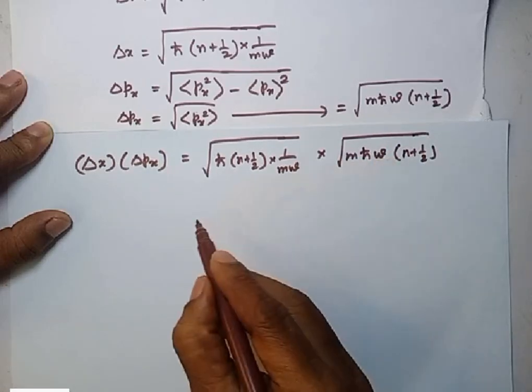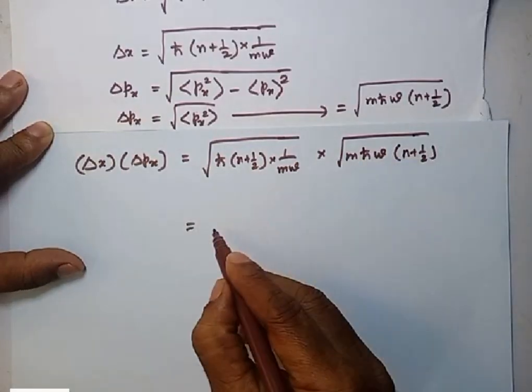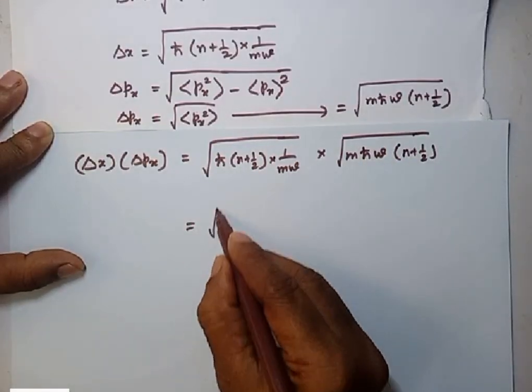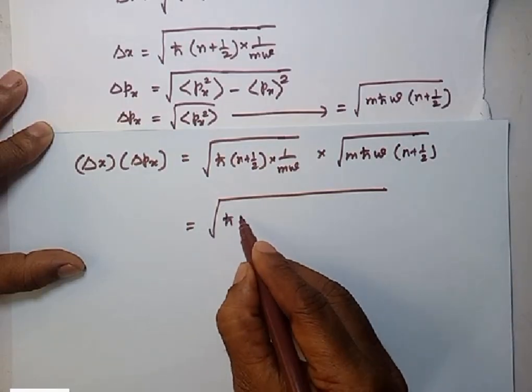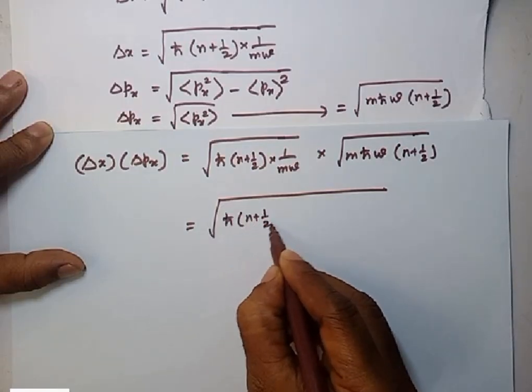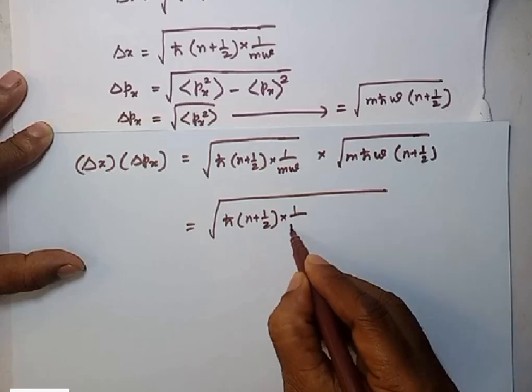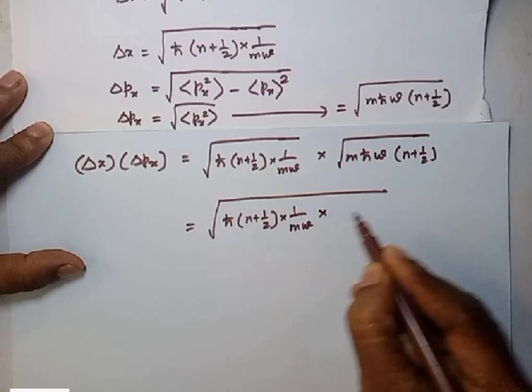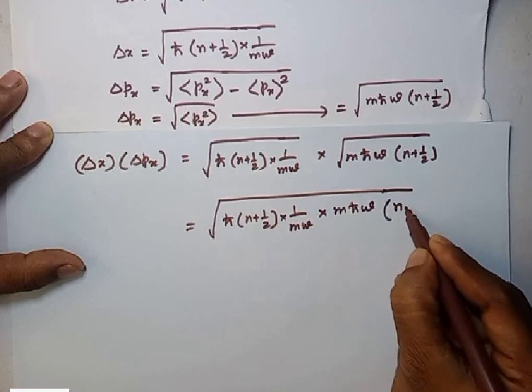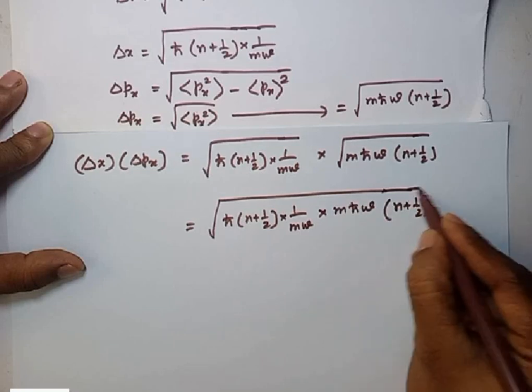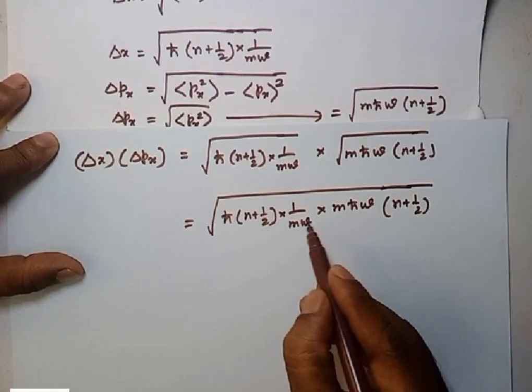We have a square root in both parts, so I'll take a single square root and multiply: h cross into n plus half into 1 by m omega into m into h cross omega into n plus half, everything within the square bracket.